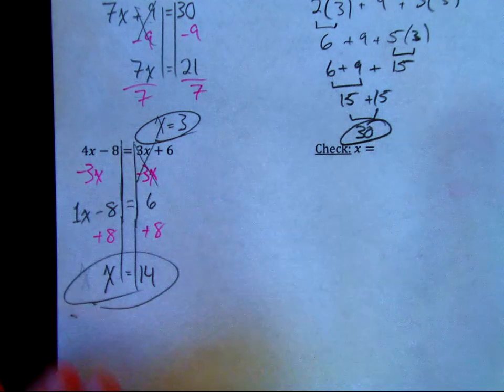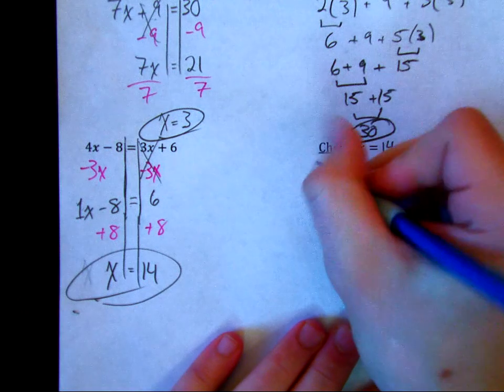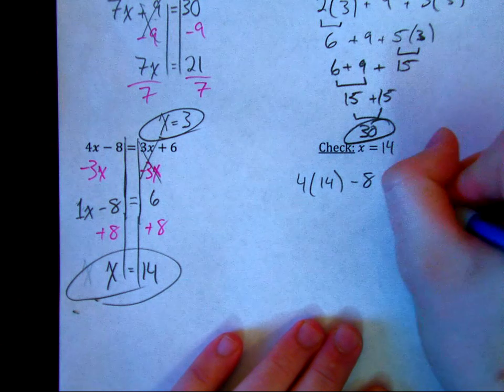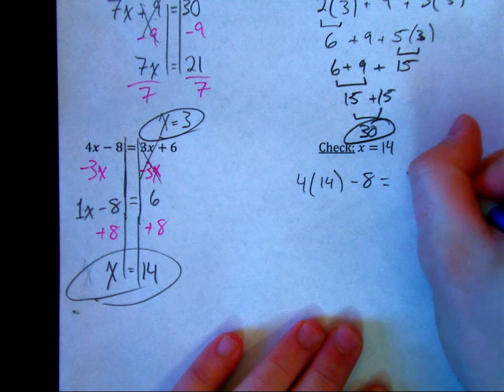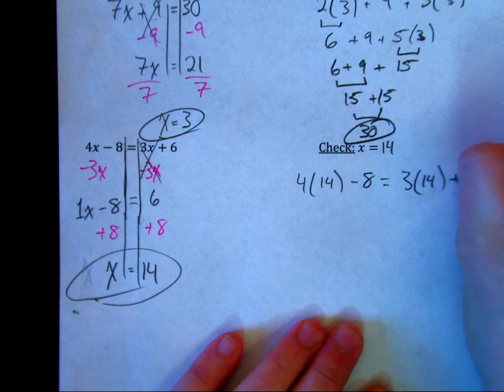Let's see if this is correct by checking. So we say, does x equal 14? We have 4 times 14 minus 8. And is that equal to 3 times 14 plus 6?